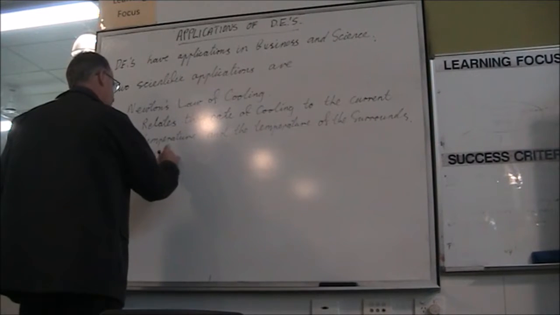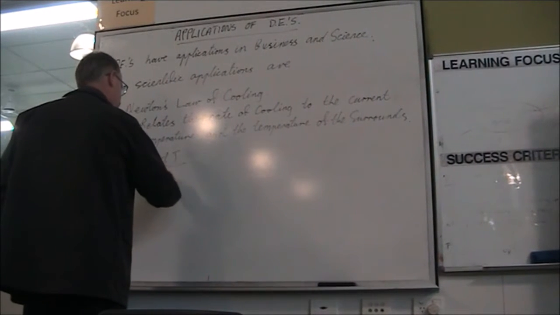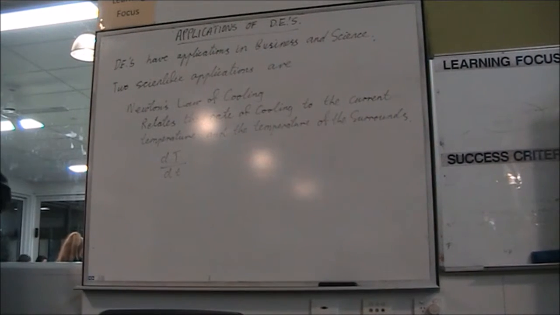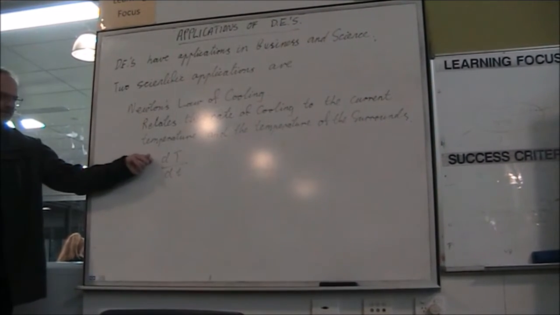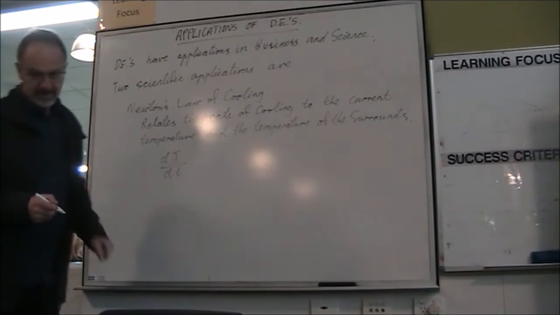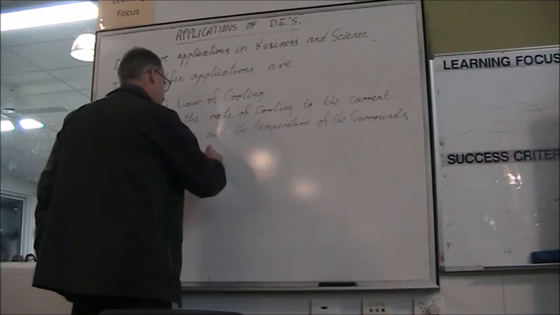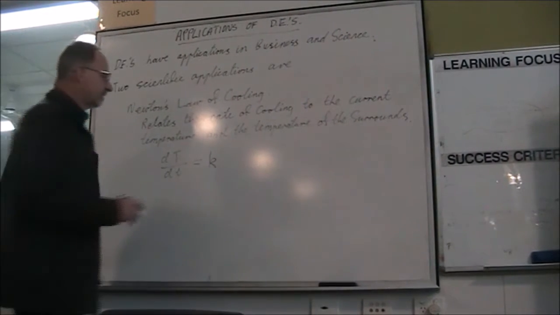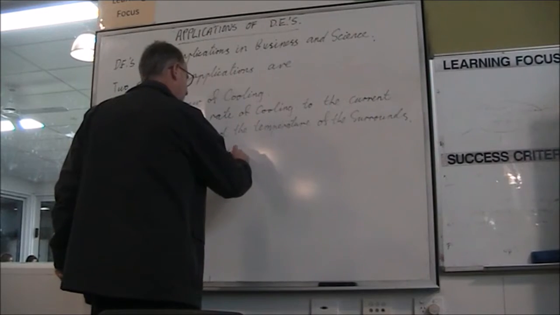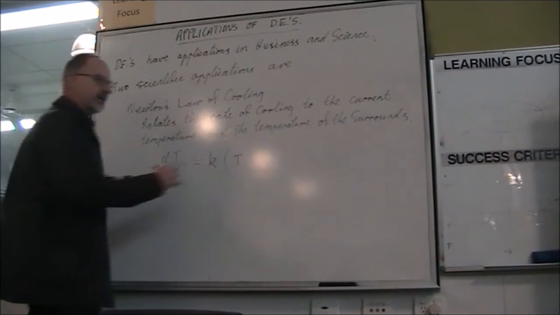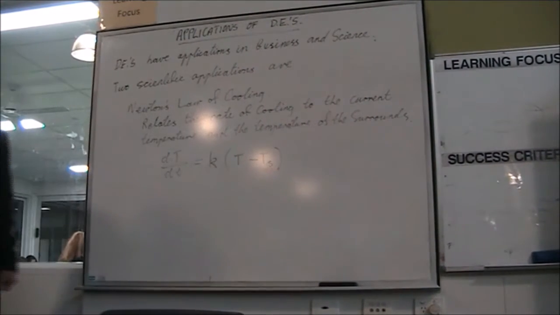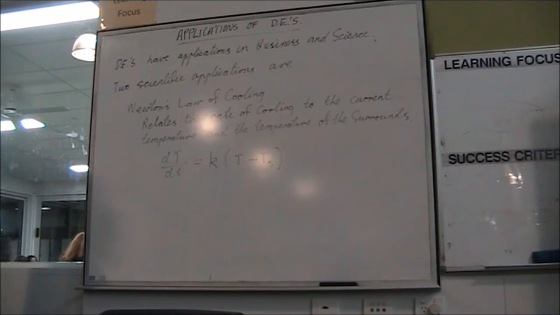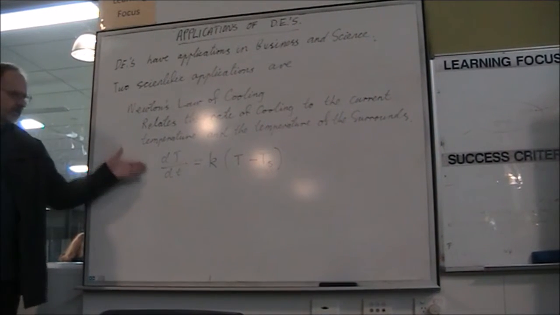All right, so what it is is this. The differential part is dT/dt, big T, little t. Big T is temperature, little t is time. So the derivative of the temperature with time, the rate that the temperature is changing with time, is equal to some constant times the difference between the temperature of the thing at the time and the temperature of the surroundings.